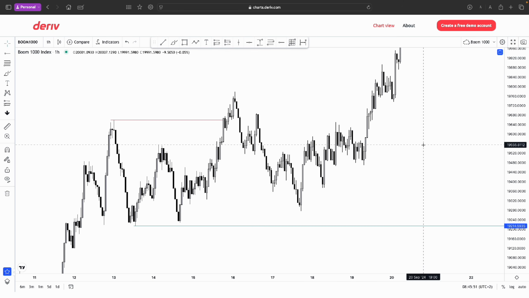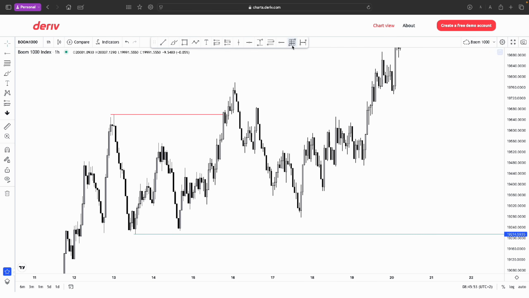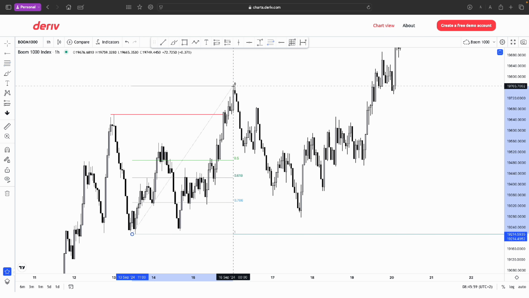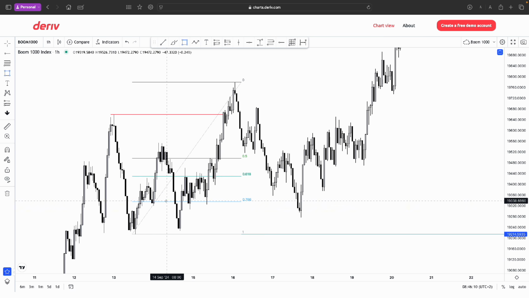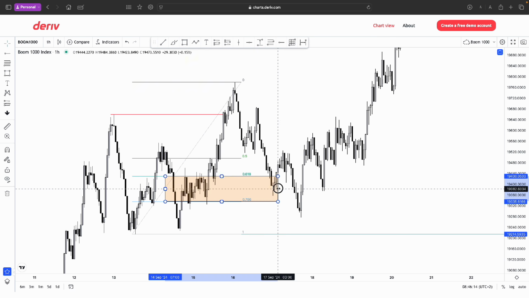High got broken. So what I did next, I literally drew my fib from this low to this high, and I wanted to get the OTE entry. So what I did, I just see, okay, where are we in the current market?